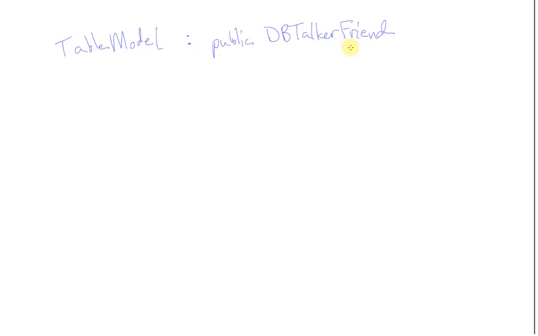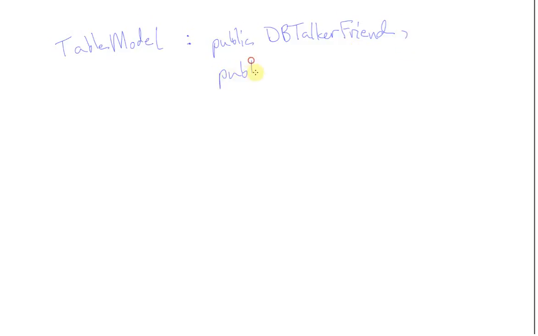and would separate the functionality. It would draw a line in the sand for what DB Talker friend functionality and functions are, and what table model specific functions are, and it does what inheritance helps out with, which is organization and thus increased modularity.